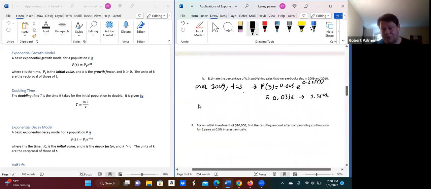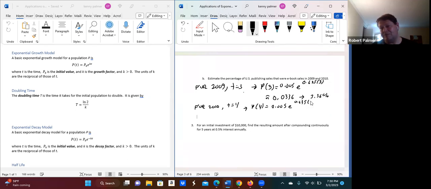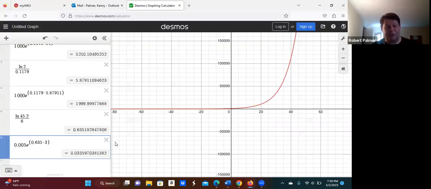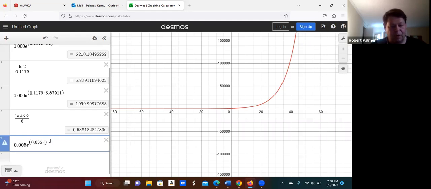Then let's do the other one for 2010. Obviously in 2010, t is equal to 4, so do exactly the same thing. P of 4 is equal to 0.005 e to the 0.635 times 4. We'll just go back to Desmos and replace the 3 with 4.